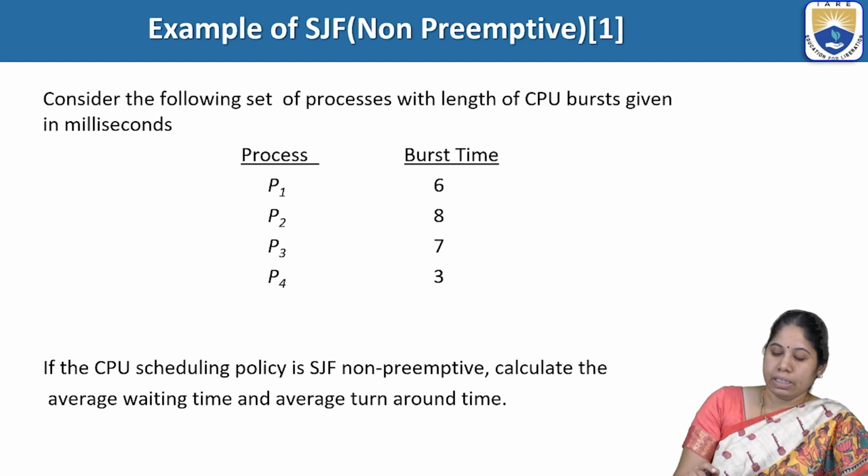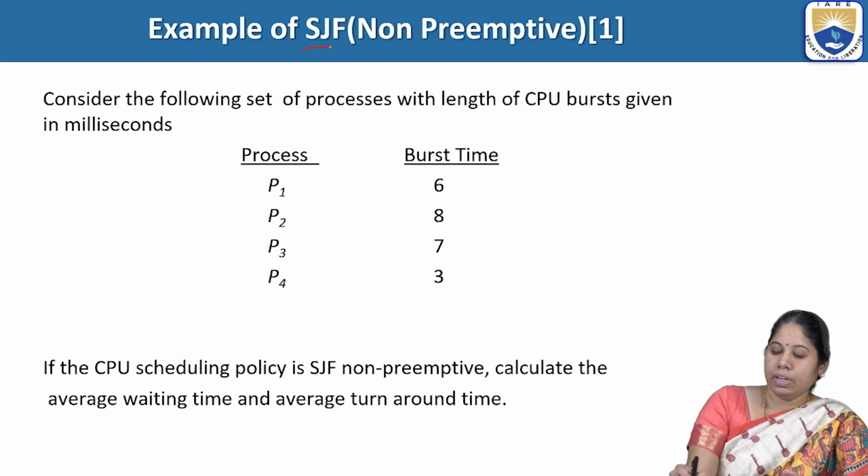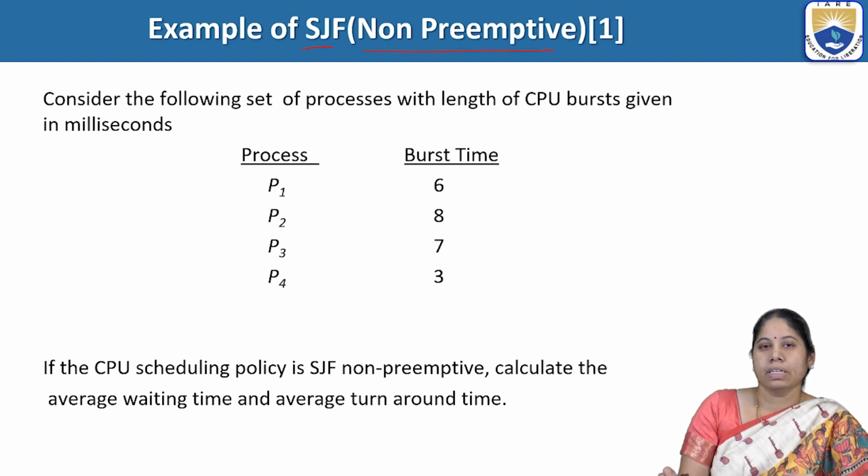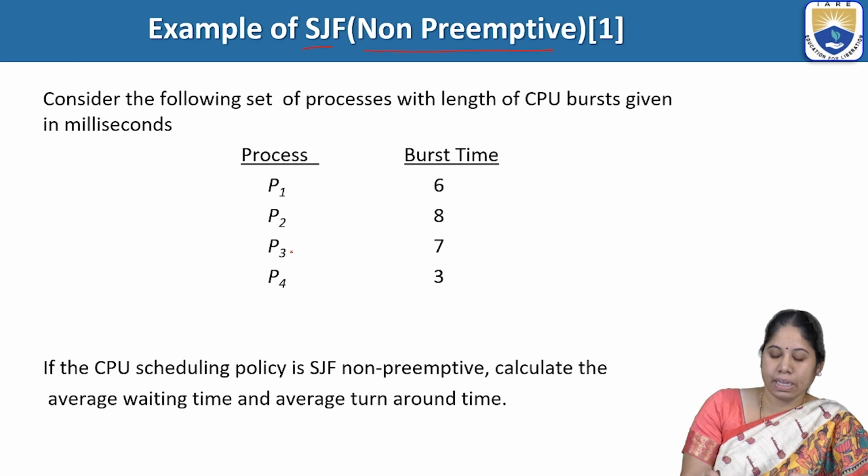So let us see SJF under non-preemptive mode. We will see one example. The question is: consider the following set of processes with the length of CPU burst given in milliseconds. Here, how many processes are there? Four processes.